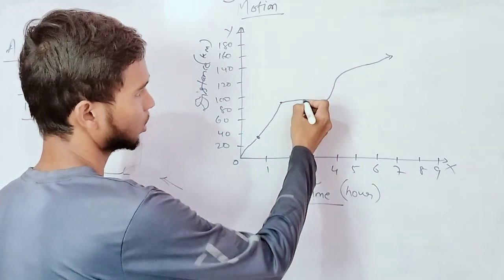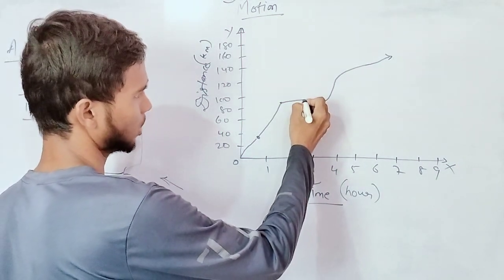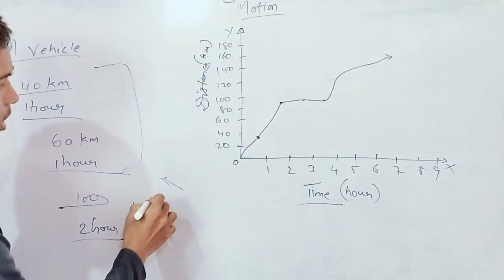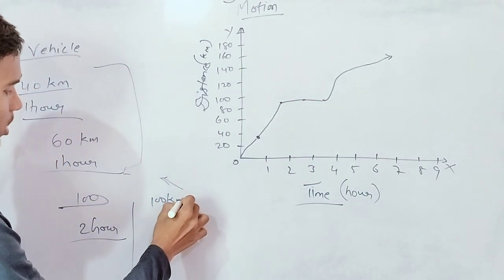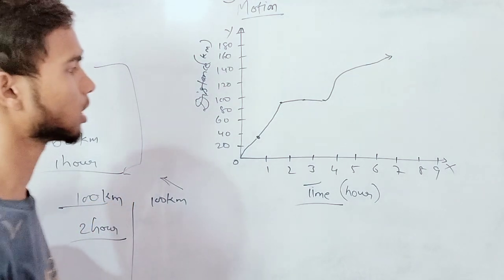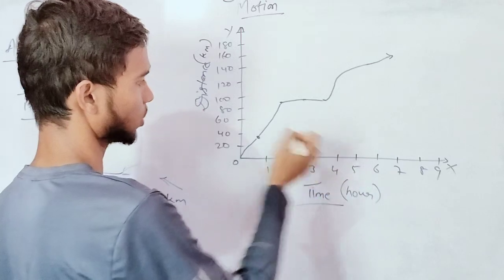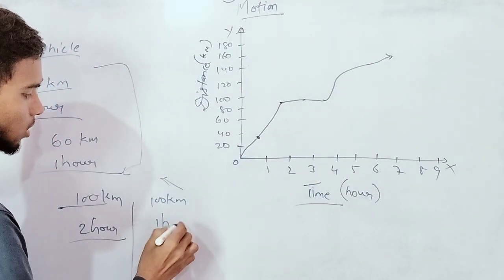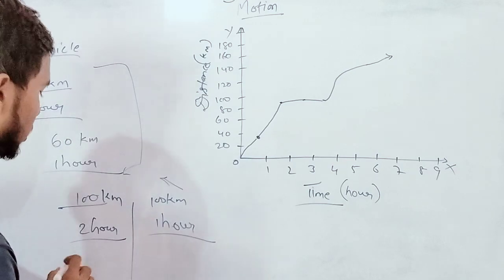Okay. So from here to here, you would say 100 kilometers. Again, you are saying 100 kilometers, but within how much time? You would say 1 hour. 1 hour. You can see.